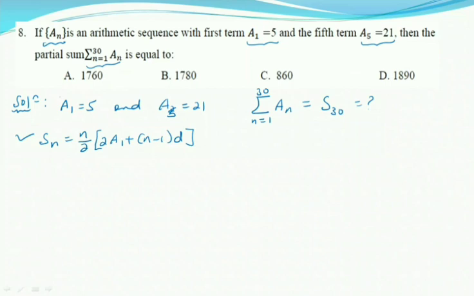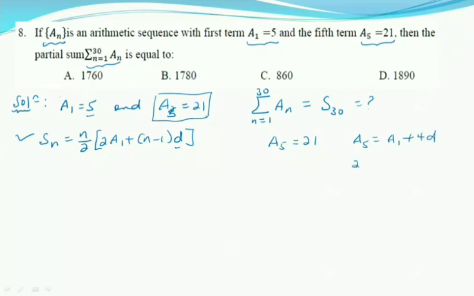But here we have the first term already. We need the common difference. We get the common difference from the 5th term. Here the 5th term is 21, but the 5th term is given by the first term plus 4 times the common difference.